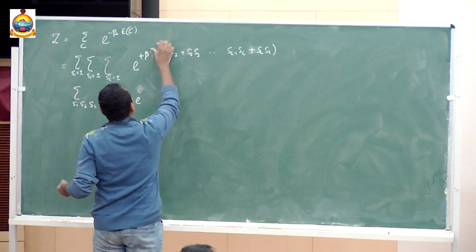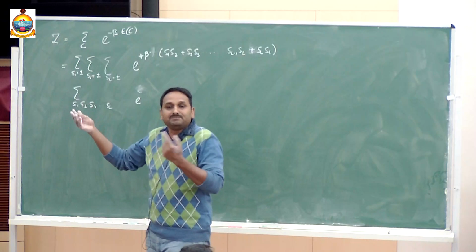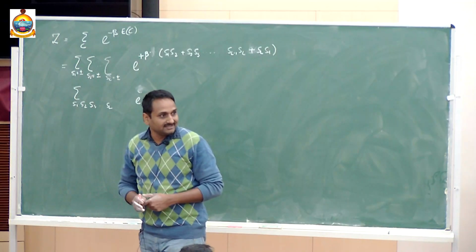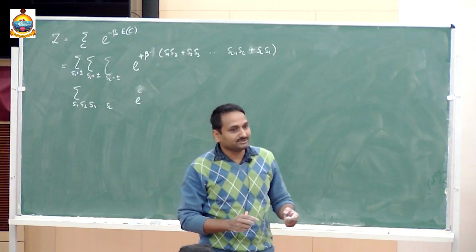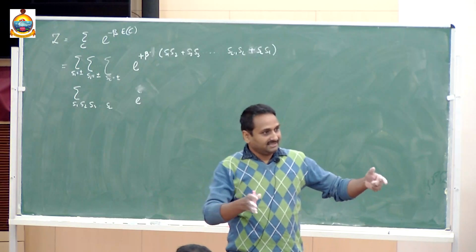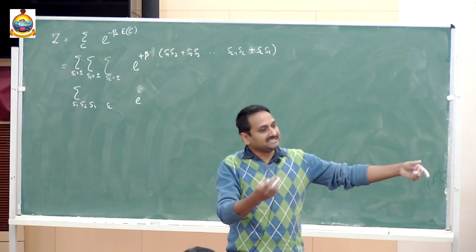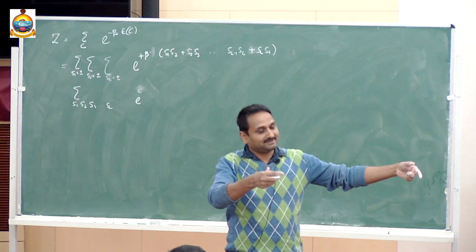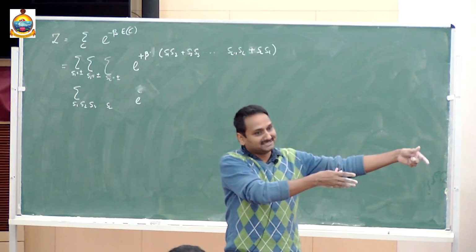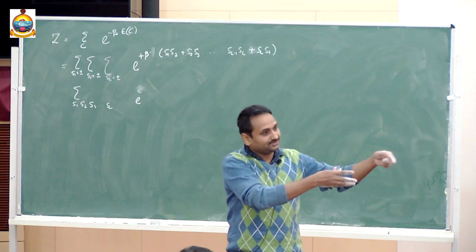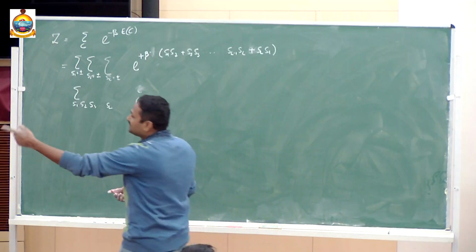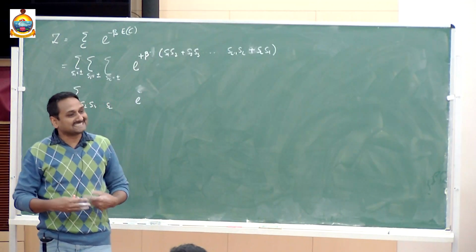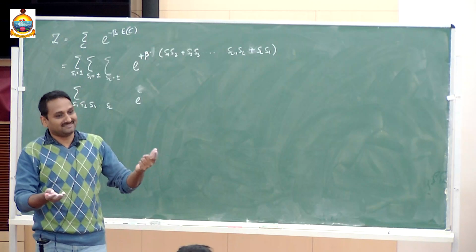I don't want to carry this number beta. J can generally be set to 1, and that's a pretty general statement. If you have a Hamiltonian defined something like that, you can always rescale by one parameter, whichever parameter becomes your unit of energy. I'm rescaling so that my energy unit is such that J is 1.